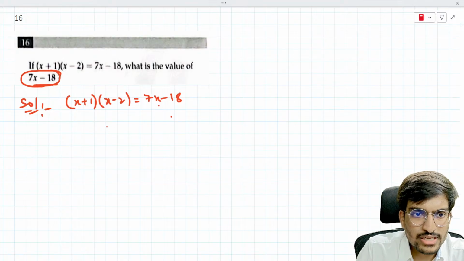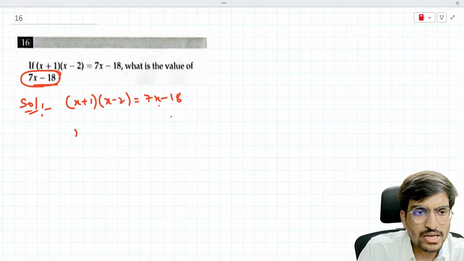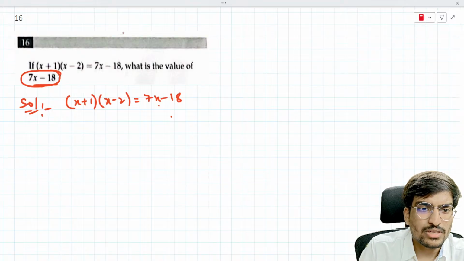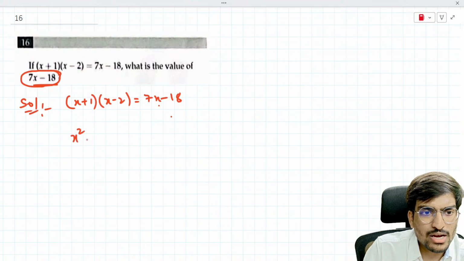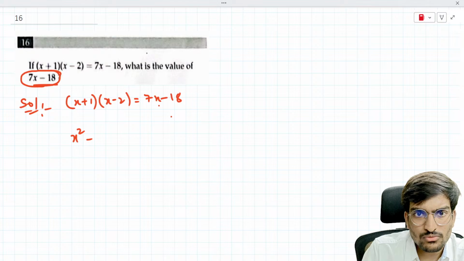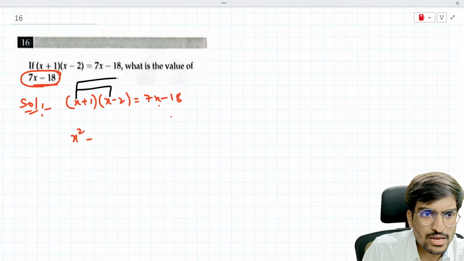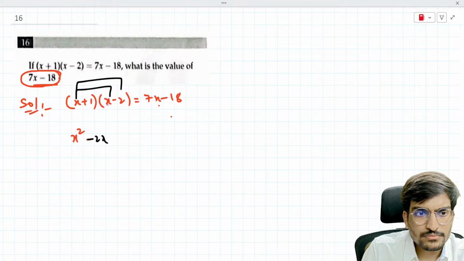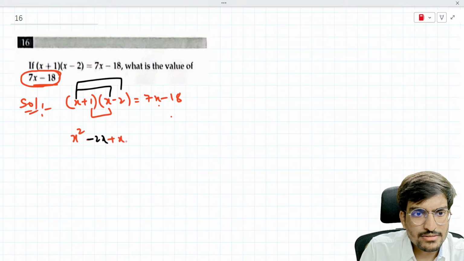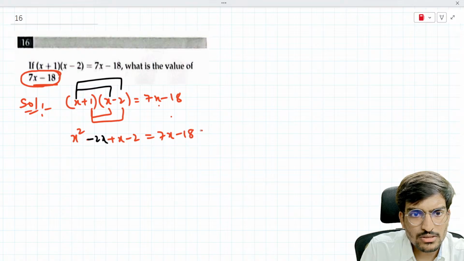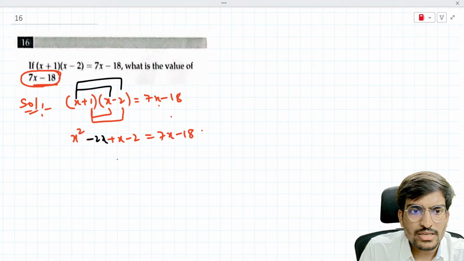So we have to get the value of x, and what we do. So x plus 2, x minus 2. What do we get on solving this? X square, FOIL method we have to apply. X square and minus 2x, and then plus x, and then negative 2, that equals 7x minus 18. So what do we get here?